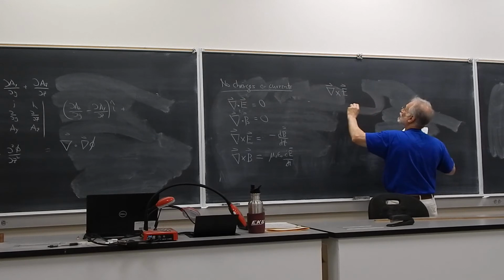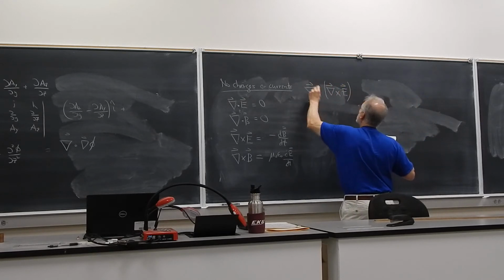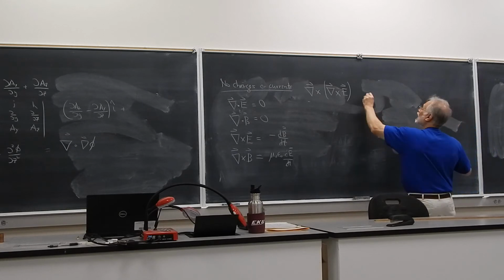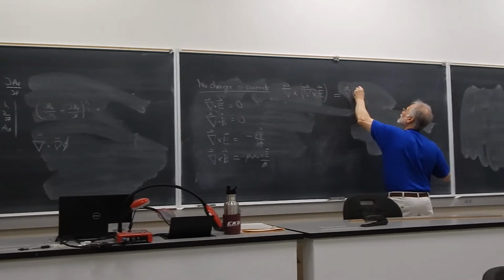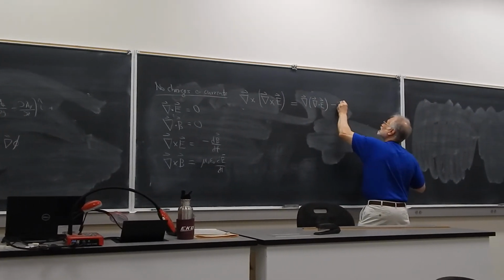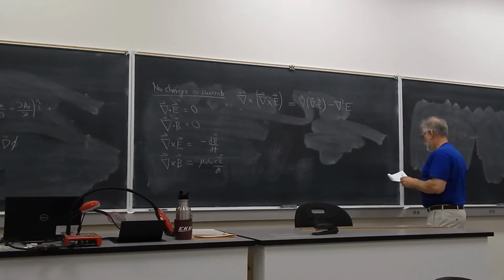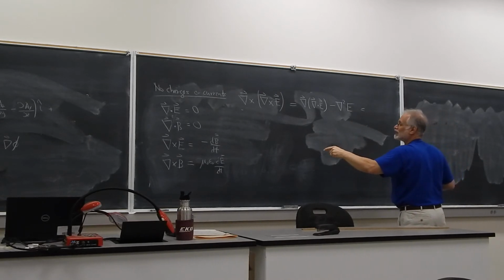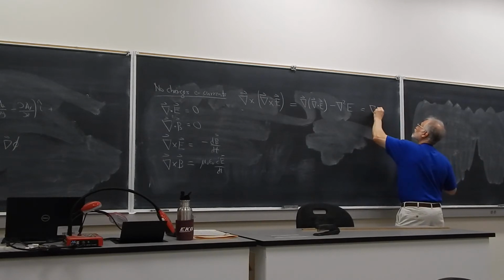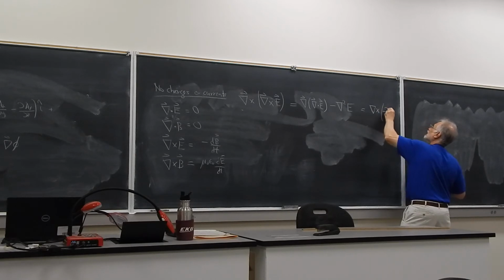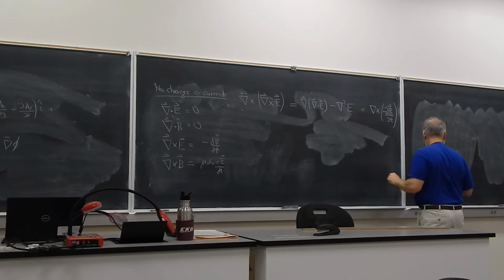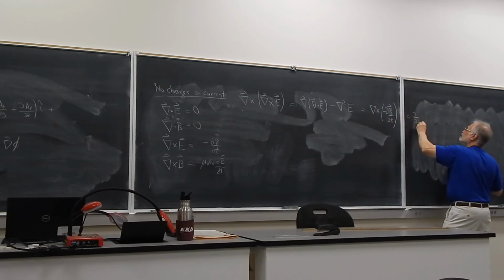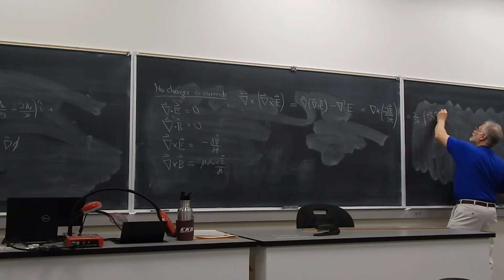If I take del cross E and then take, once again, del cross that, this is what we call the triple vector product, I can write this identity as del of del dot E minus the Laplacian of E. If I do that on the other side of the third Maxwell equation, Faraday's law, I would get del cross minus dB/dt, which, interchanging the two derivatives, I could also write as minus the time derivative of del cross B.